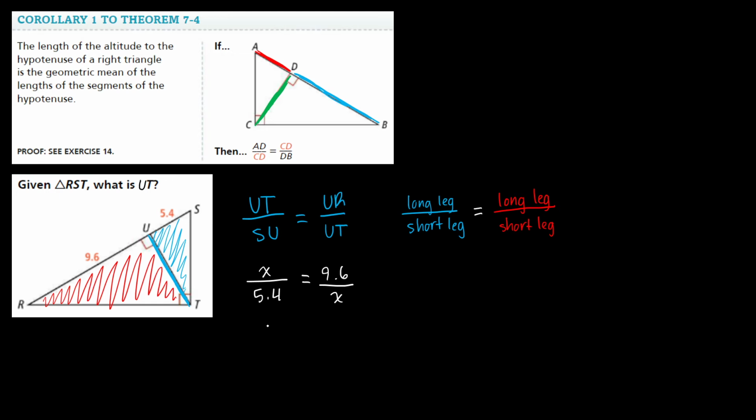So multiplying across, we get x squared is equal to 51.84. And when I take the square root of that, I get x is equal to 7.2. So the altitude, UT, in this triangle is 7.2 units, using that property.